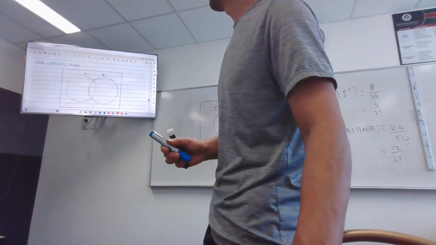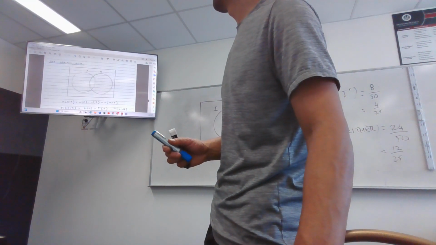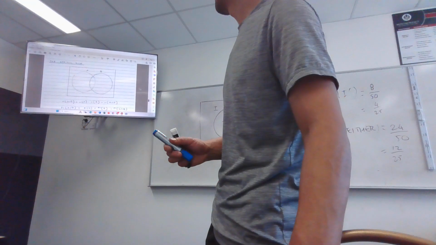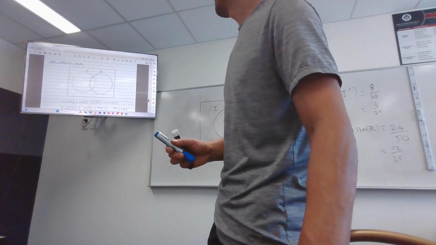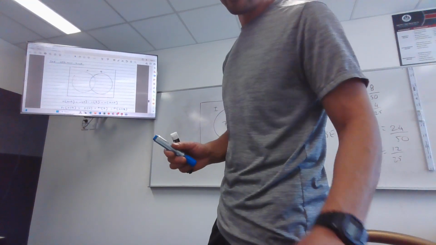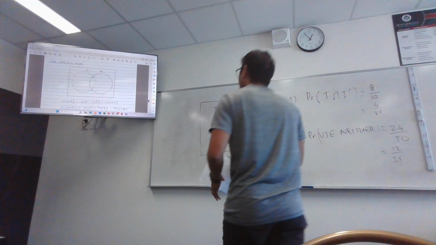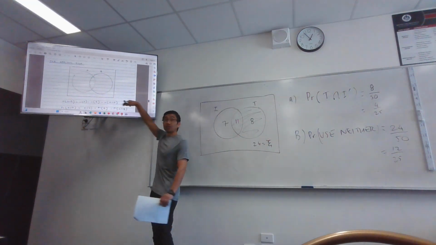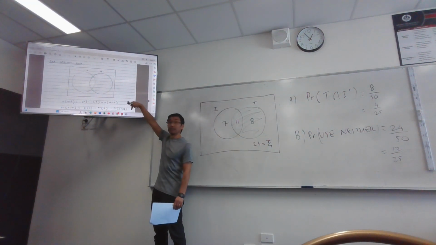Okay, I have something on the TV called the addition rule. I've got a version of the addition rule as how many. I've also got a version of the addition rule in a probability version.